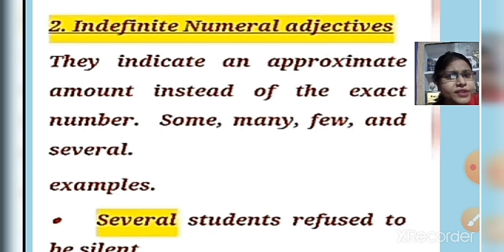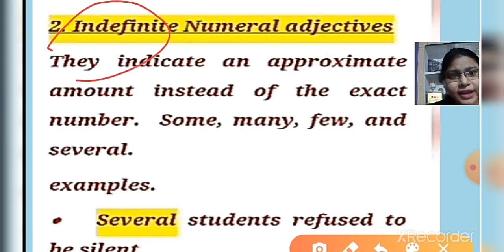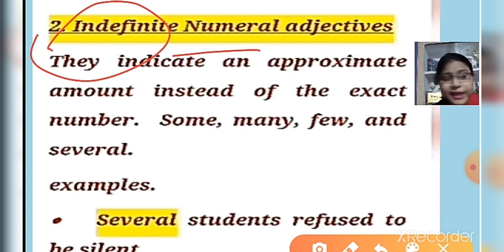Here we have indefinite numeral adjective. Okay, so what is indefinite? It is very simple to understand, as the name shows, indefinite numeral. So the number is not definite. Clear? So here we cannot know the exact number of anything.